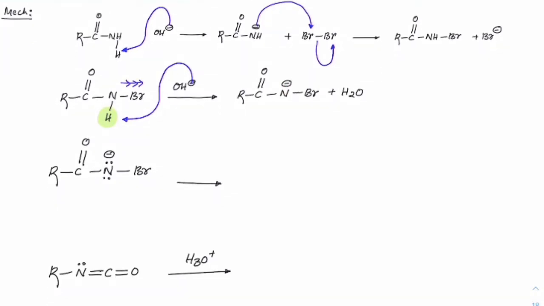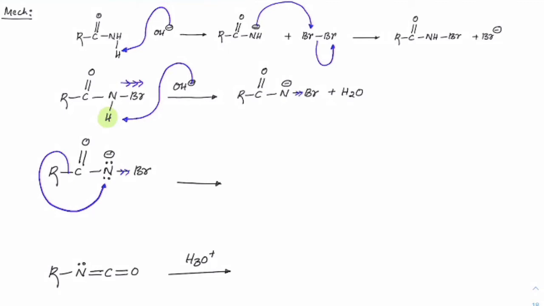You will see that migration happening here. This R will get migrated onto nitrogen. The condition is there must be a good leaving group here. Bromine is a good leaving group, got it?